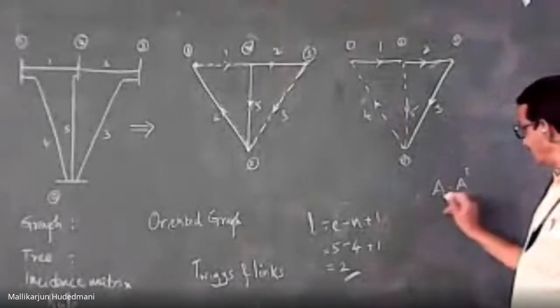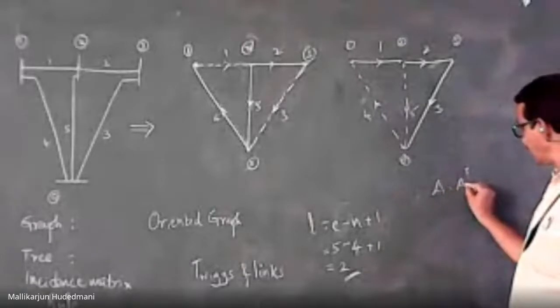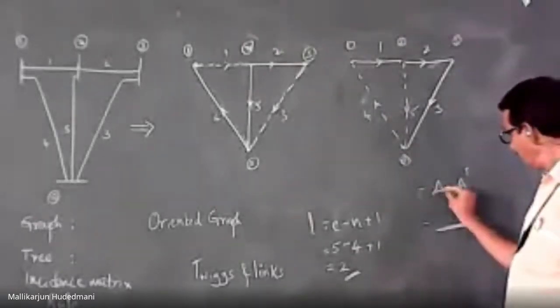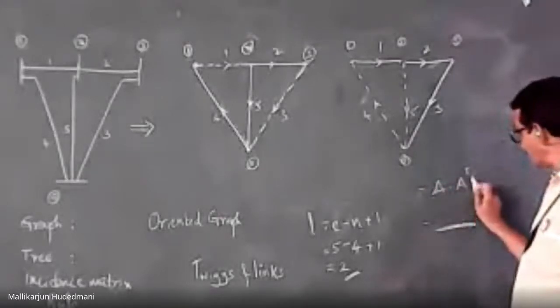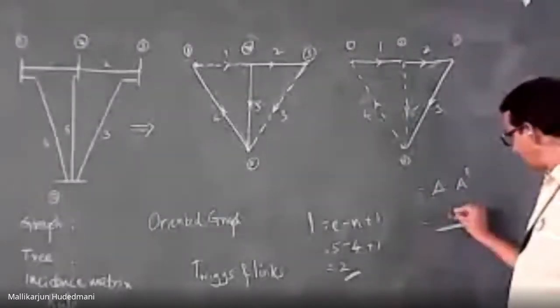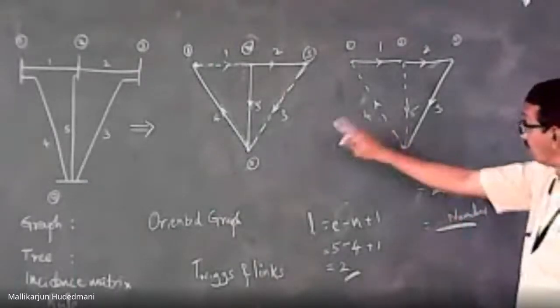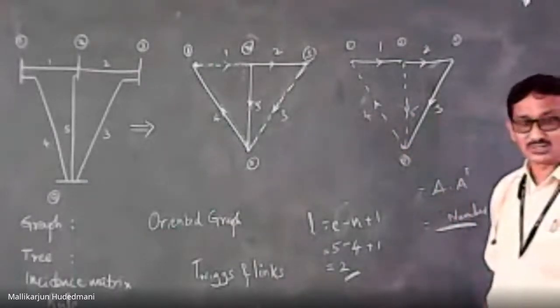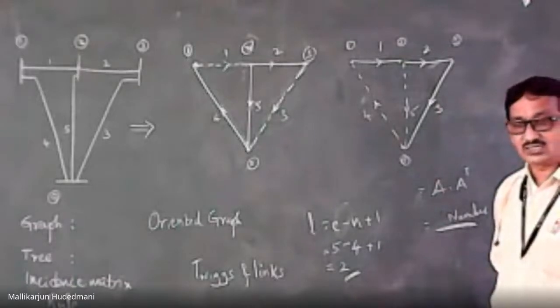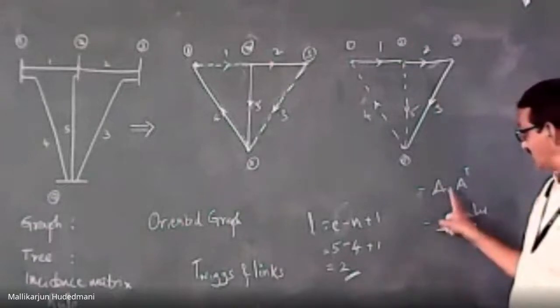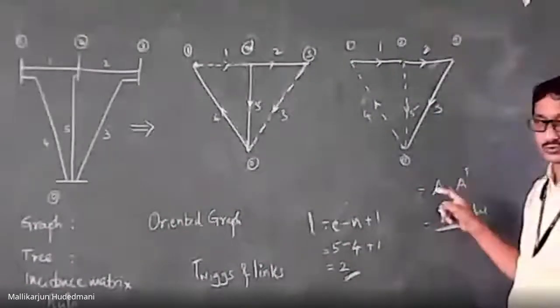A matrix into A transpose of matrix. If I take the operation, it gives you a scalar number. A matrix into A transpose of that, if I take, it will give a number. That many orientations are possible. That's called the number of trees of a problem, which is the scalar of A dot A transpose.